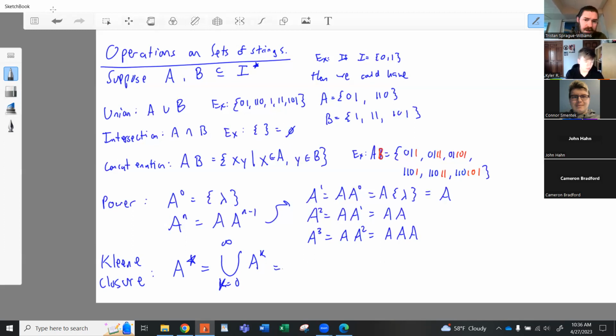So this is, in other words, the set of all strings of strings from the set A. The set of all strings of strings, okay, of any length.